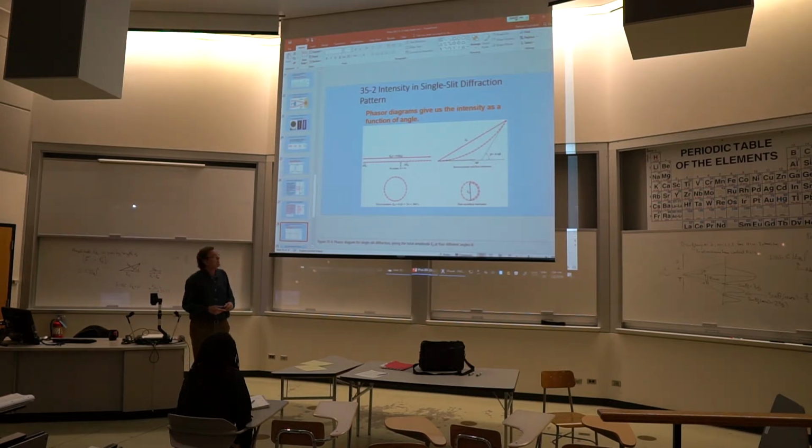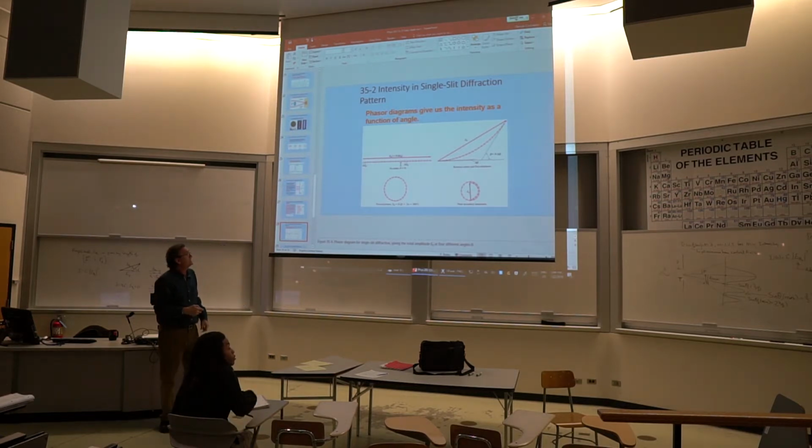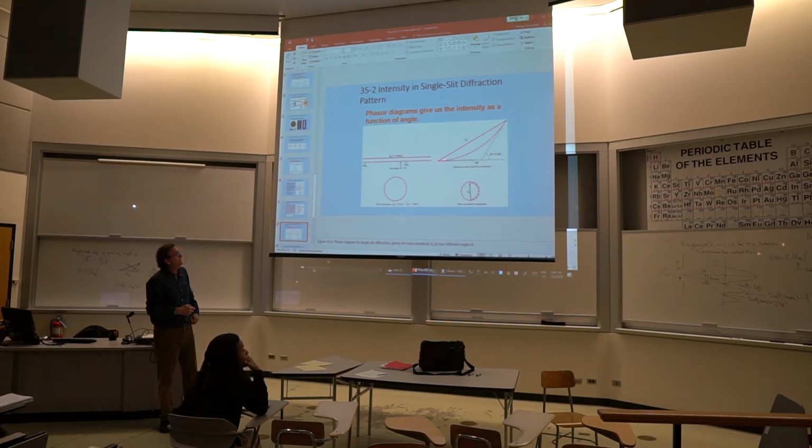And each one is going to have a phase shift with respect to the other one of delta beta. Because I've divided the slit into subslits, the light intensity from each subslit gets smaller and smaller, so the length of the electric field vector contribution from each subslit is very small.